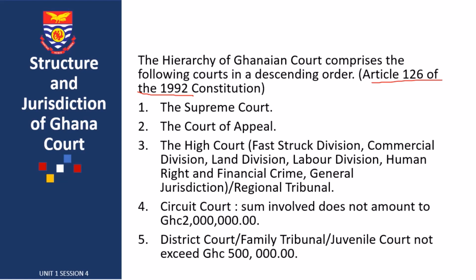You also have the circuit court. The circuit court has jurisdiction in civil and criminal matters. When it comes to civil matters, if the amount does not exceed 2 million Ghana cedis, then you can bring that action at the circuit court.